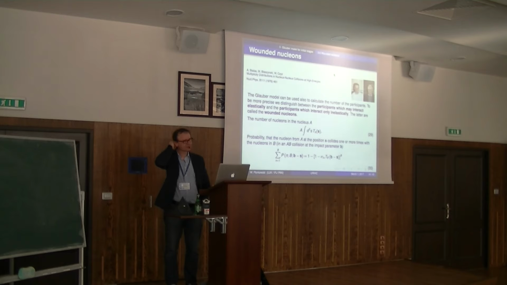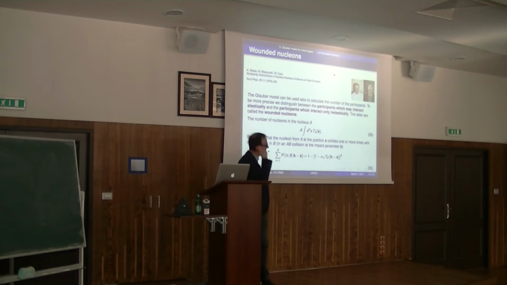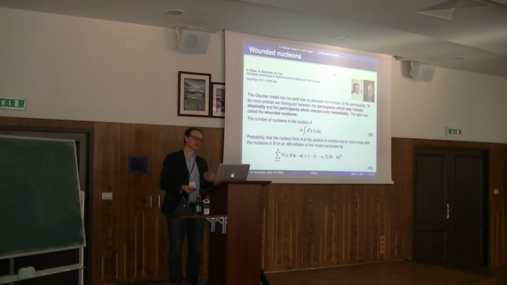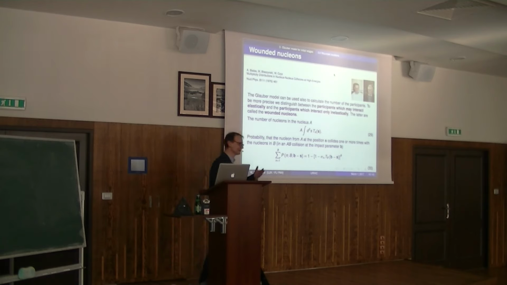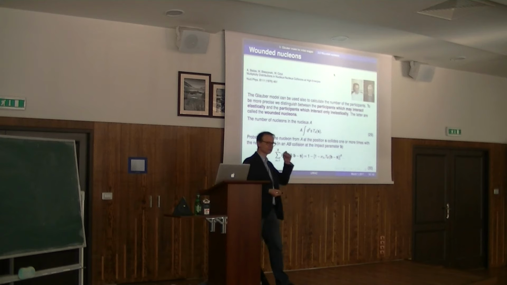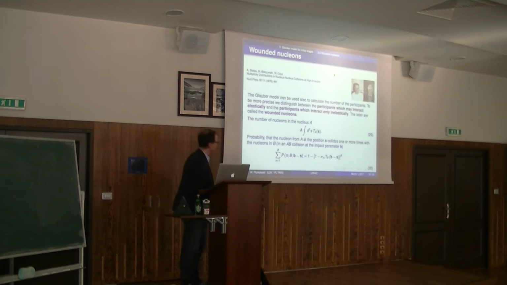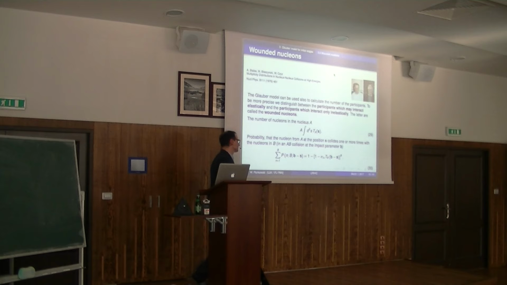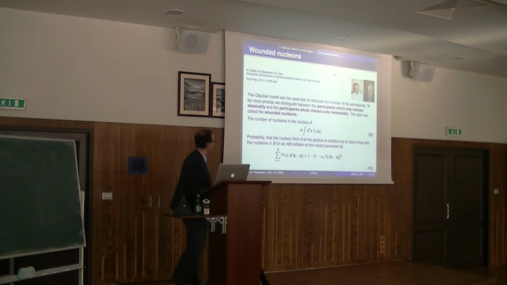You can correct me, but I think the name participants originates from Berkeley. Wounded nucleons originate from Krakow. The difference is that participants can interact a lot, but wounded nucleons are always the nucleons which interacted at least once inelastically. At high energies there is a small difference.